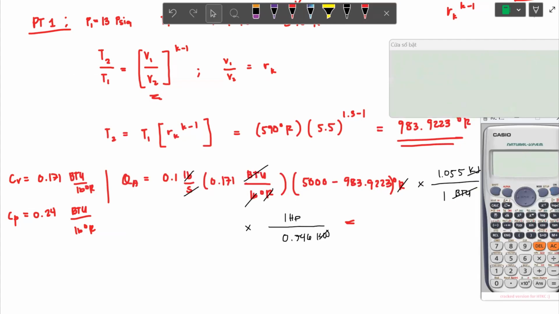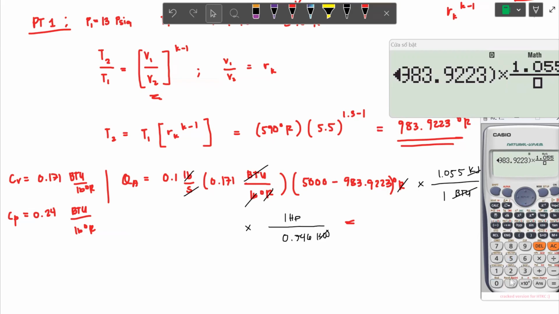Okay? So that is 0.1. Multiply natin 0.171. Multiplied to 5,000 minus 983.9223. Then multiply mo ng 1.055 para maging kilojoule.